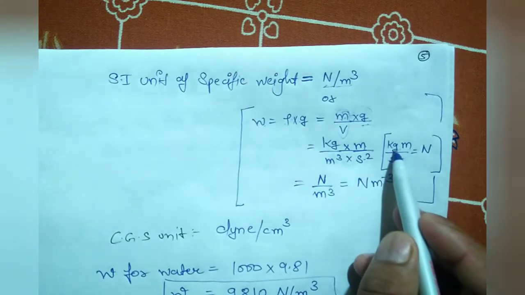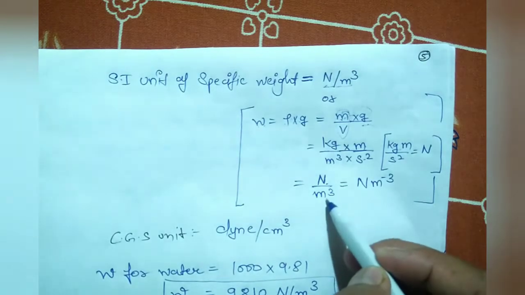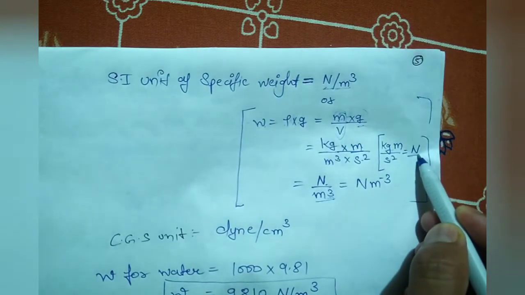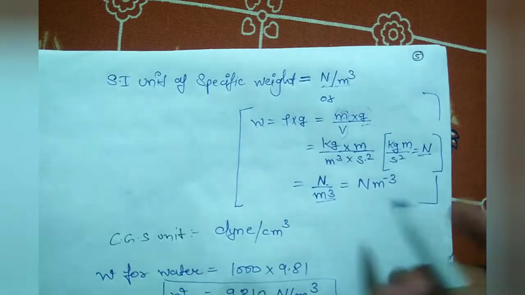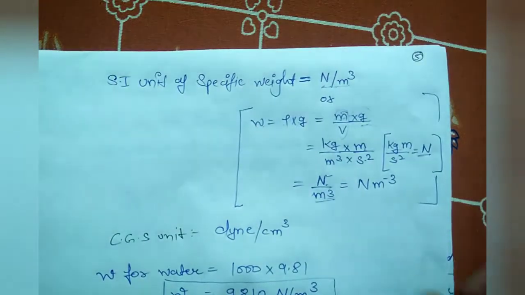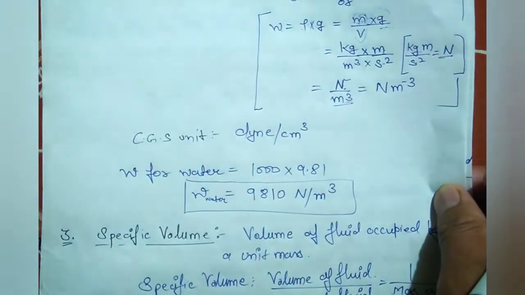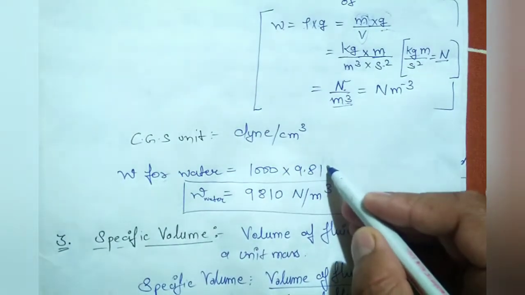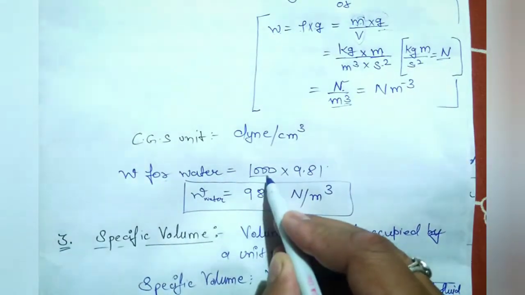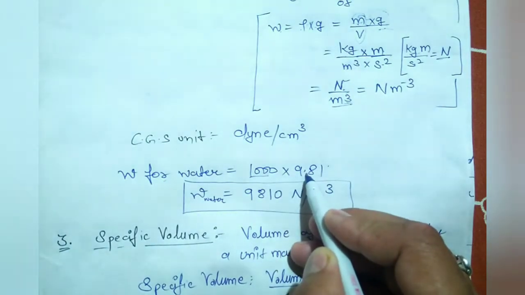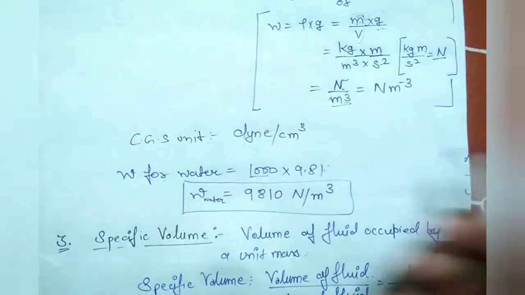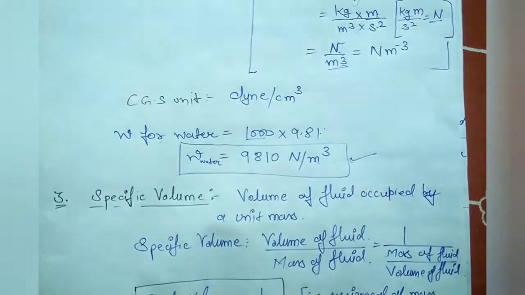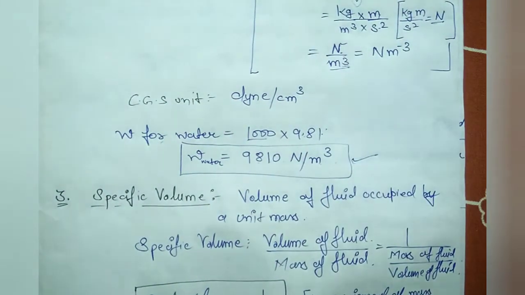We get Newton per meter cube, because kilogram meter per second square is Newton, that is force. So we replace it with newtons. The CGS unit is dyne per centimeter cube. For water, the specific weight or weight density is 1000, the density of water, multiplied by acceleration due to gravity, 9.81. It comes out to be 9810 Newton per meter cube. This is the specific weight or weight density of water.